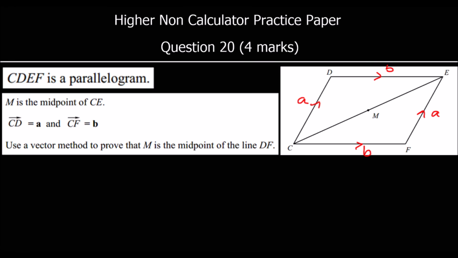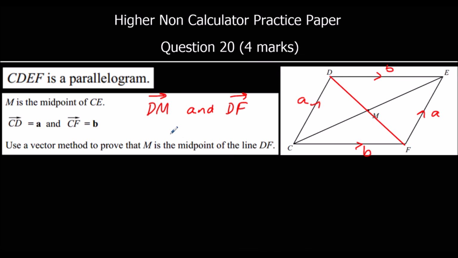So we've got the line D to F, and we need to prove that M is the midpoint. So I'm going to work out D to M. If I work out D to M and D to F, D to M should be halfway, should be half of it.